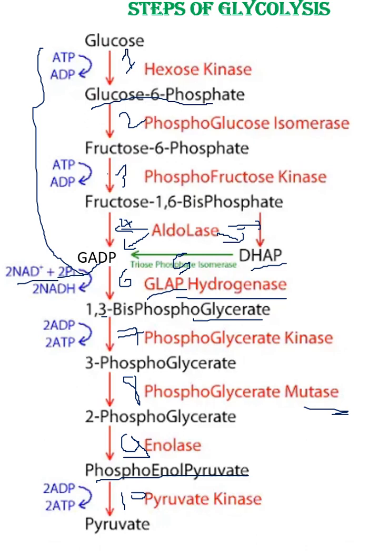The other 5 steps are the payoff phase, in which each molecule of GADP will be converted into pyruvate, producing 2 ATP each, for a total of 4 ATPs. Now the net energy production from 1 molecule of glucose is 2 ATP. So the net energy production from glycolysis is 2 ATP.